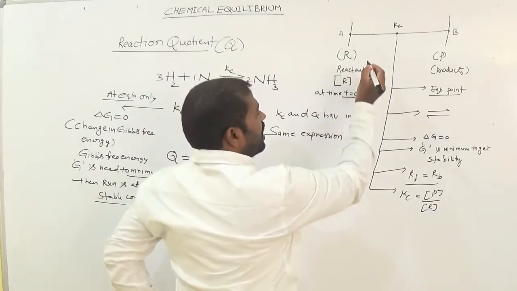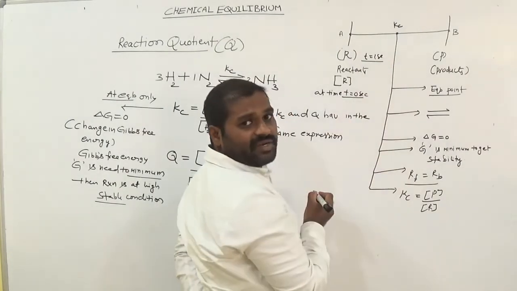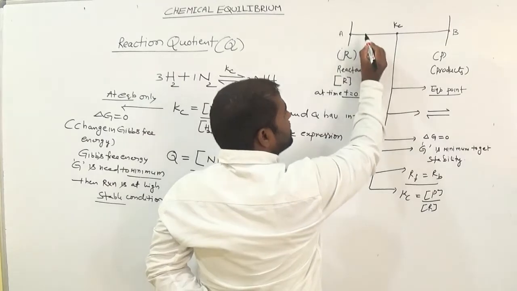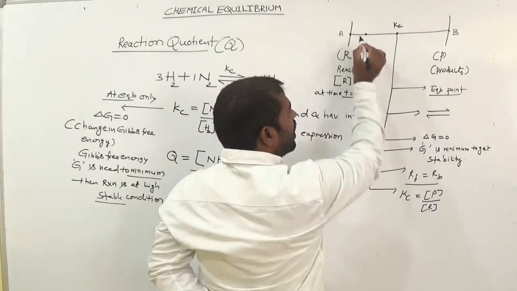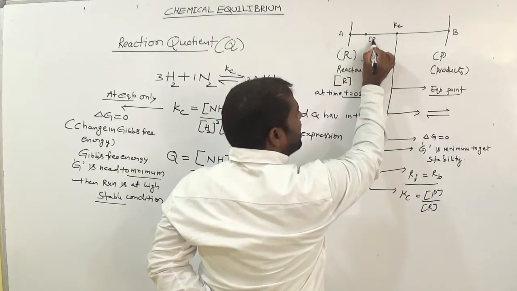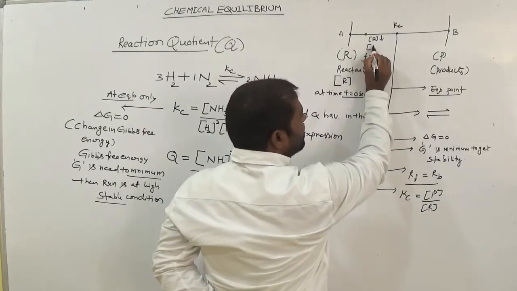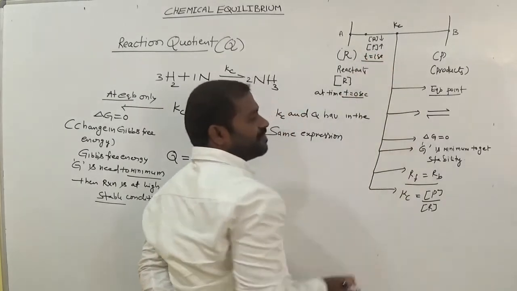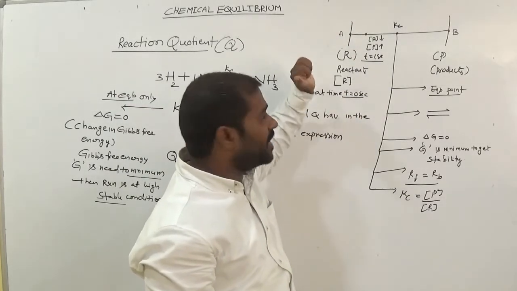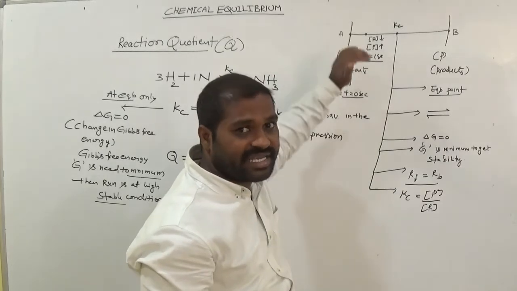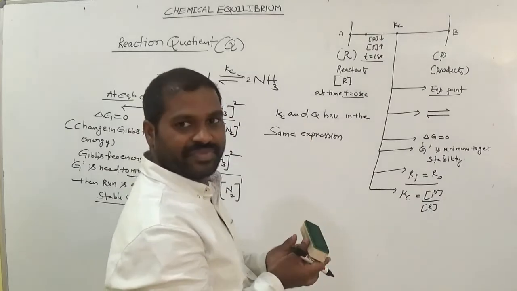So now at time t equals 1 second, suppose the reactants concentration is at this point. What happened here? The reactants concentration decreases and the product concentration also increases, am I right? At this particular point, slowly the reactants concentration decreases, automatically the product concentration increases.